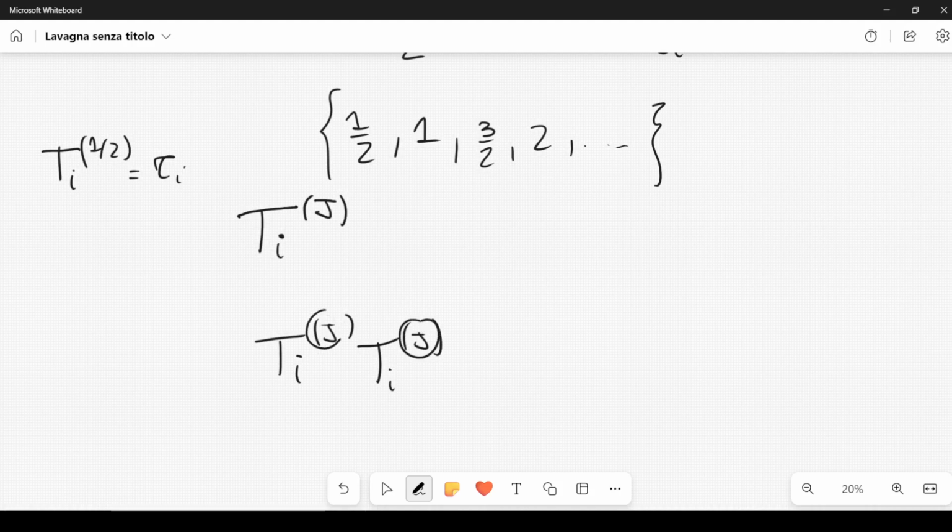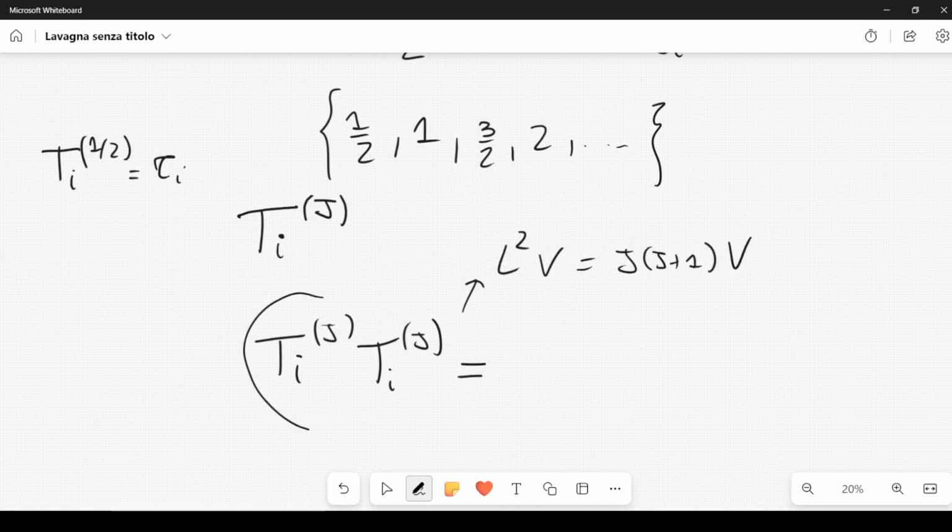So we keep j fixed and we are summing over I. And this is very similar to the condition L squared equal to, in particular, when we act with this L squared on an eigenstate, let's call it V, we get j times j plus 1 V. So we impose the condition that this, in a certain subspace, where we are acting with these operators on eigenstates, we can represent it as j times j plus 1, where j is the spin, the generic spin, times the identity matrix, or the identity operator in general.